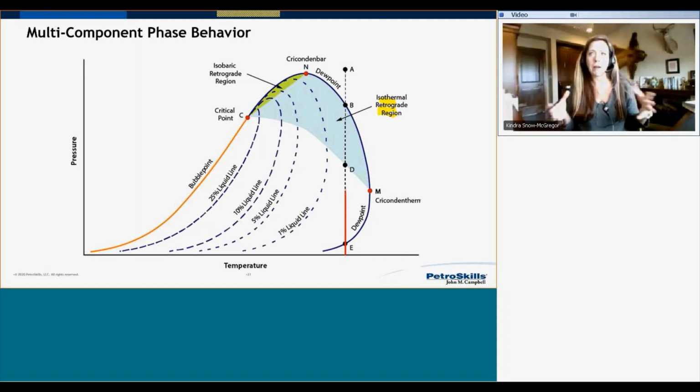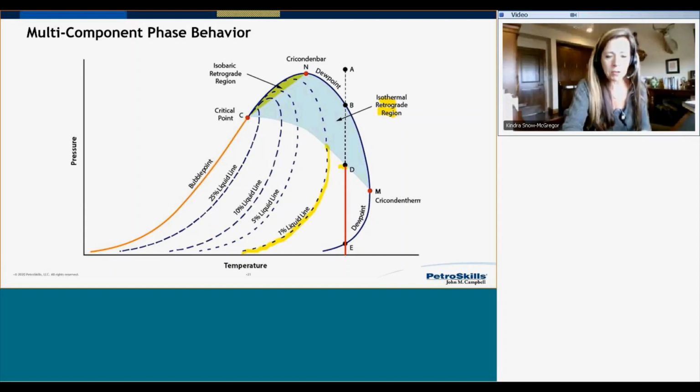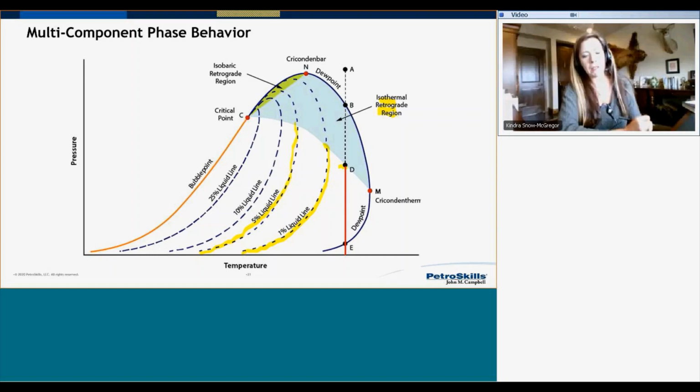And when I think about a hydrocarbon system and I think about increasing the pressure on what was a gas, I would expect my heavy liquids to start condensing out. And so that's what happens when I go from point E to point D. And so you can see what I'm looking at is the shape of these quality curves on the inside of the phase envelope.